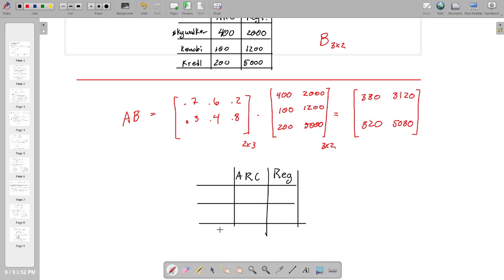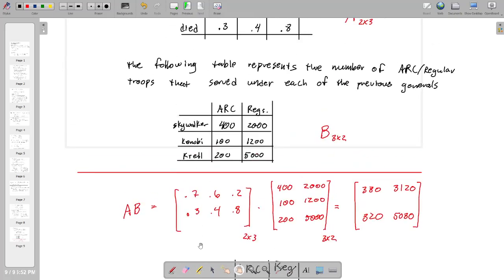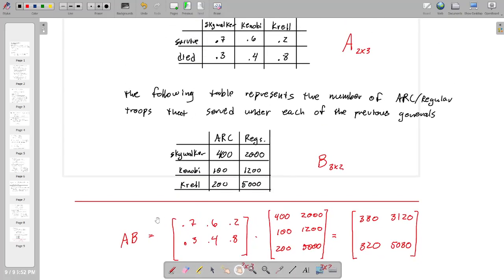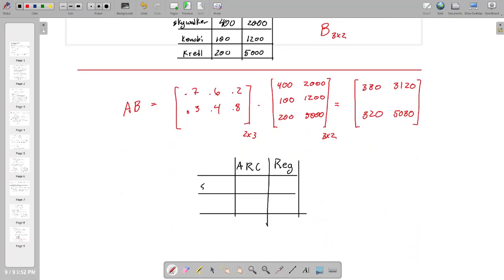And our rows would be survived versus died. We'd have 380 survived, 320 died. The regular troopers would have been 3,120 survived, and 5,080 died.